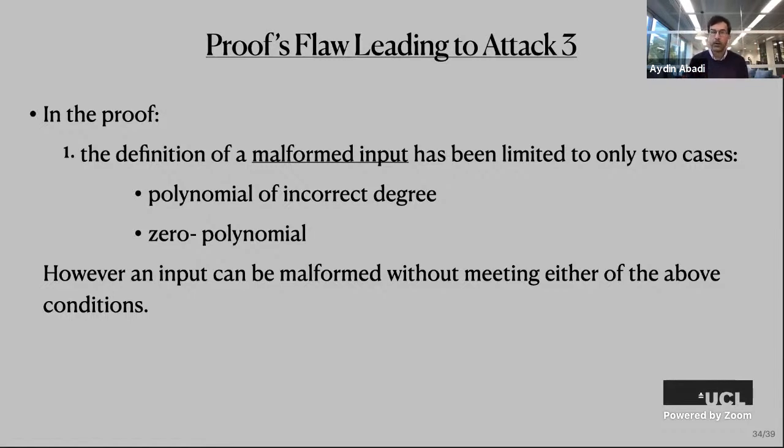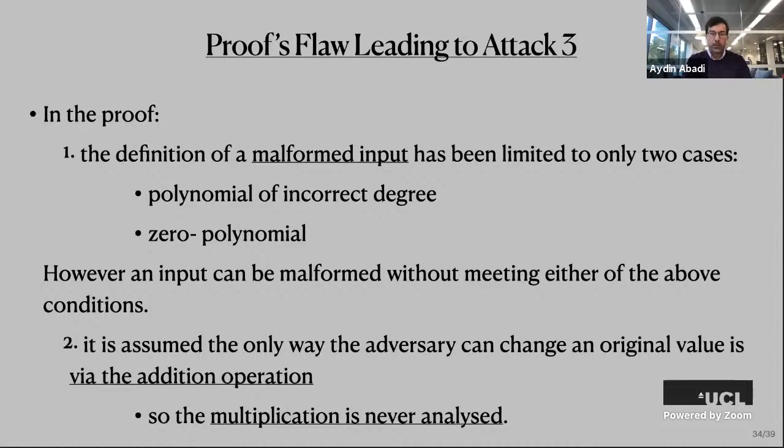We showed that the input can be malformed without satisfying either of these conditions. Also, they assume that the only way the adversary can change an original value is via addition. So if I add one arbitrary value to the original one, then I can change it as an adversary. However, it is not always the case because we have multiplication. This multiplication has been left out of the proof. They didn't consider this case at all.